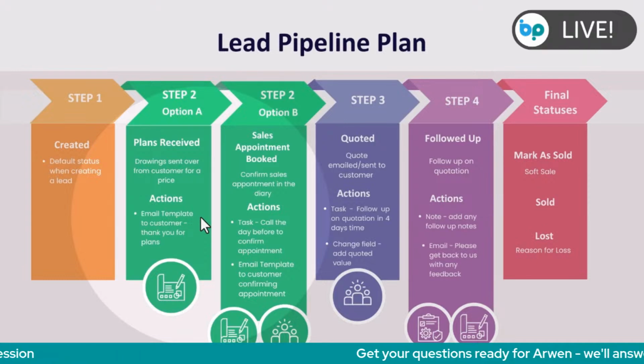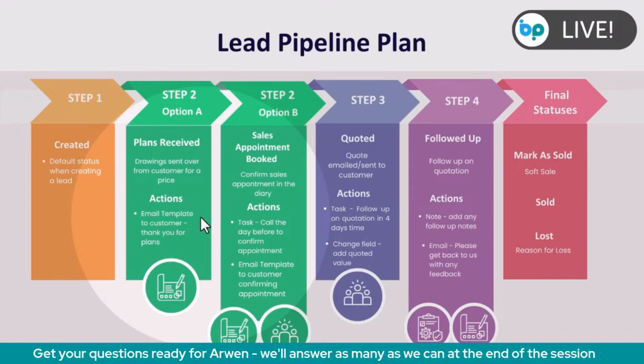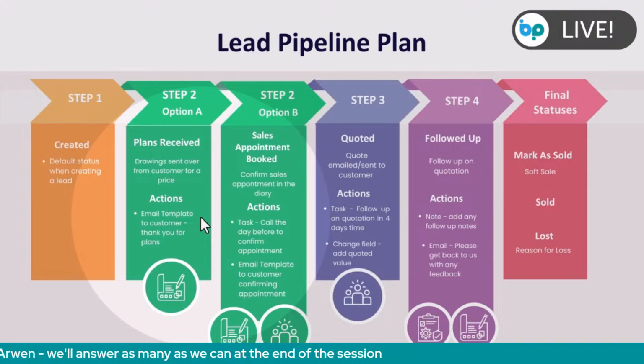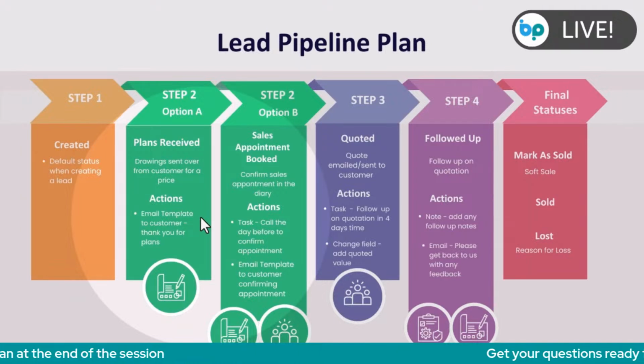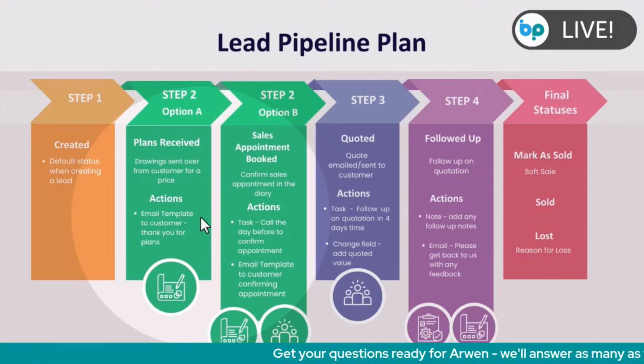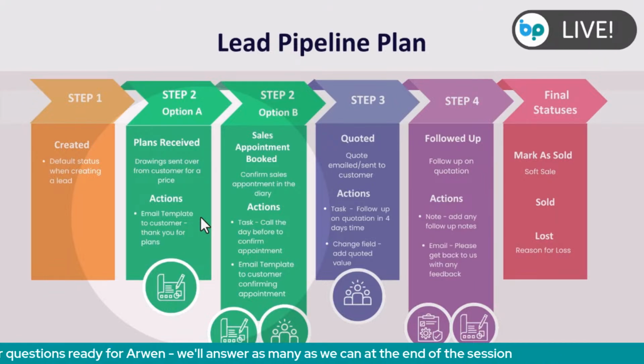This could be a notes box. This will allow you to add any key details into the record at that particular stage. This could be sending an email to notify the customer of an appointment. Or this might include a field change. So, for example, updating the quoted value, you'll be prompted with a box to put the quoted value in.